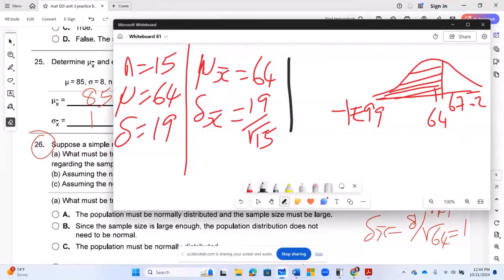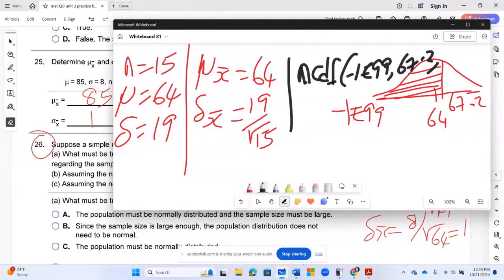So I'm going to write the argument normal CDF, starting from the lower bound, which is negative infinity, 1 e to the power 99, and to the upper bound, which is 67.2.